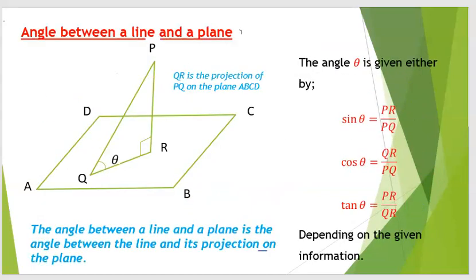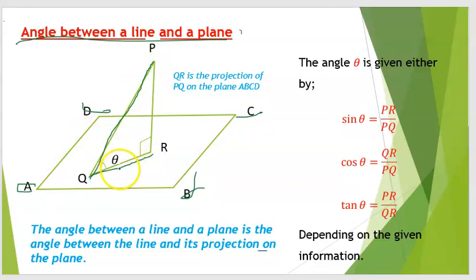I'll start with the first one, which is the angle between a line and a plane. Consider the plane ABCD, and also consider the line PQ. If you shine light on the line PQ, the image of this line is going to be QR.